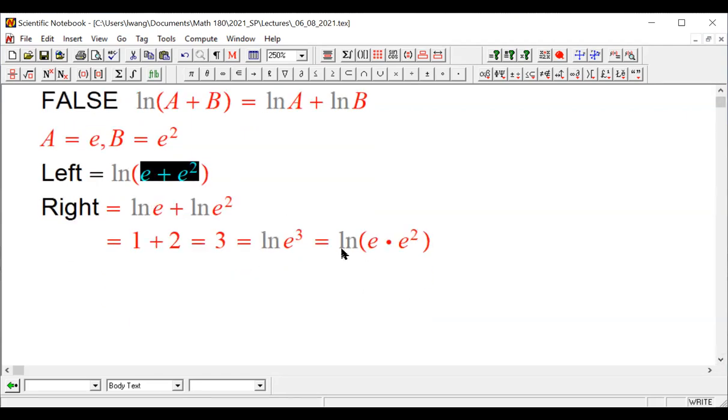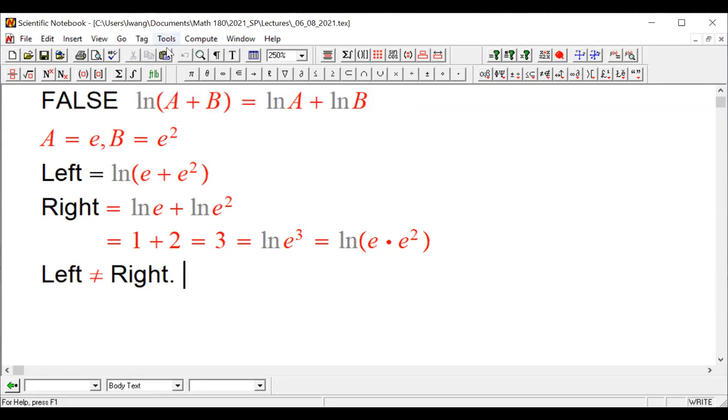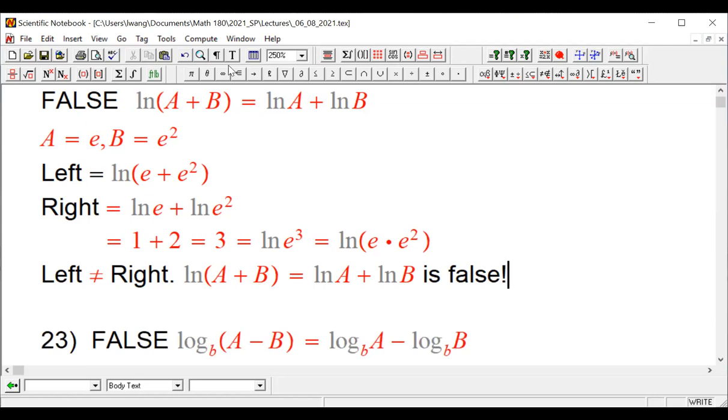No, they're not the same. Left is not the same as right, thus this is false. Just don't make those mistakes.